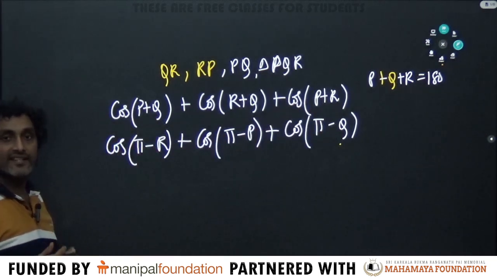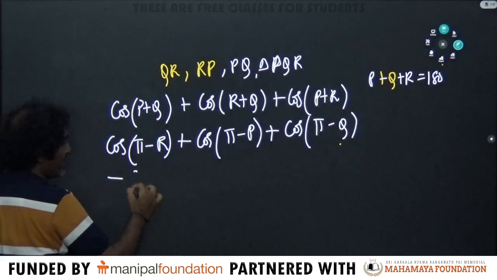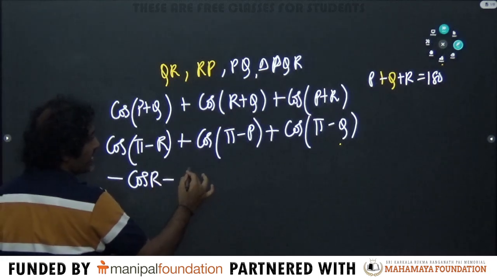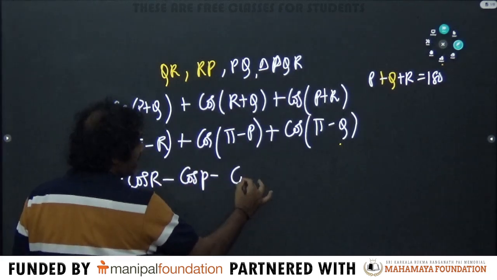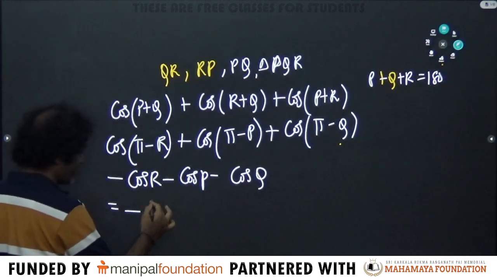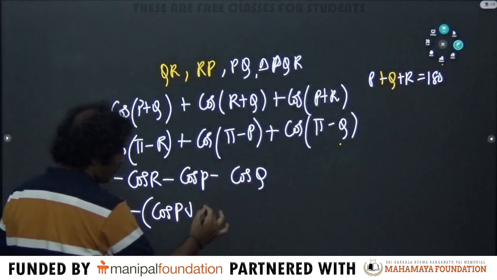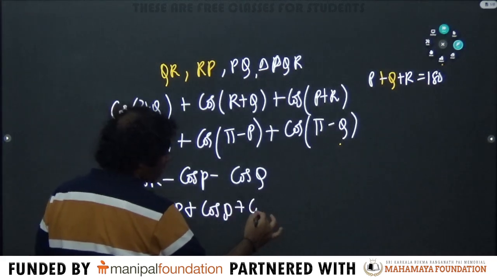But 180 minus theta is in the second quadrant, right? So it will be minus cos R, minus cos P, minus cos Q. I'll take minus out: cos P plus cos Q plus cos R.